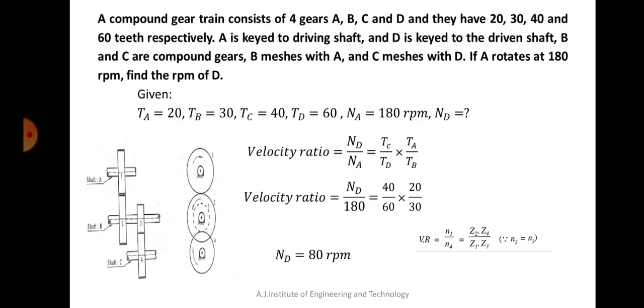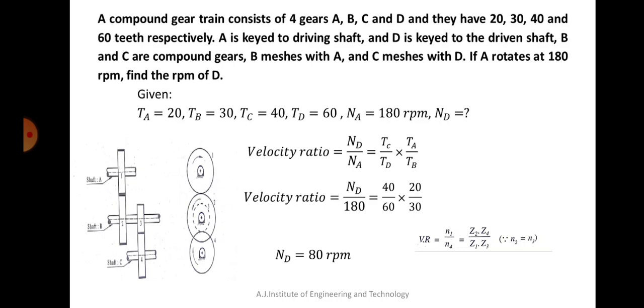So 180 by ND is equal to 30 into 60 divided by 20 into 40 also, you get the same answer. Okay, because the formula should not change, whether it's speed ratio or velocity ratio, it's one and the same. So you get the answer as 80 rpm.